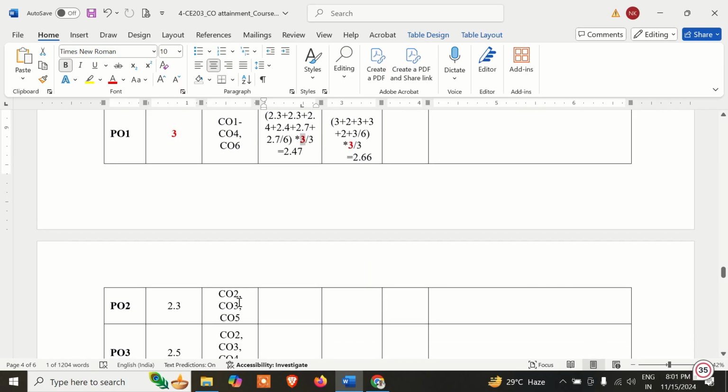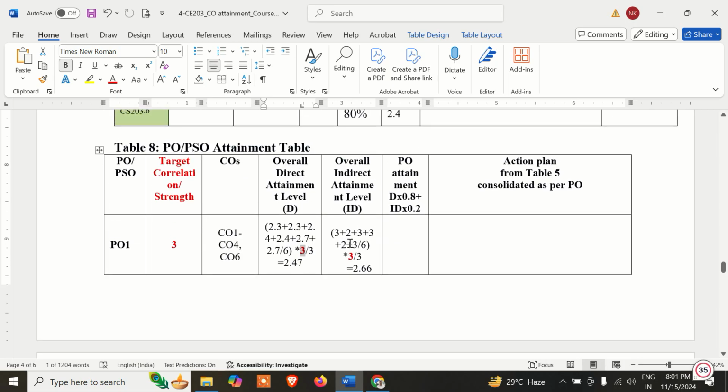However, if your PO2 is 2.3, that means it is the total COs matching. That means CO2, CO3, CO4, add the attainment levels divided by 3, into 2.3 divided by 4, is the scaling factor. So similarly for the indirect attainment level.